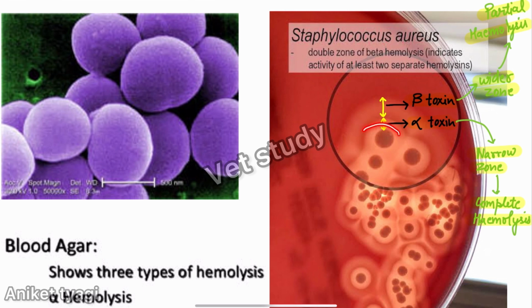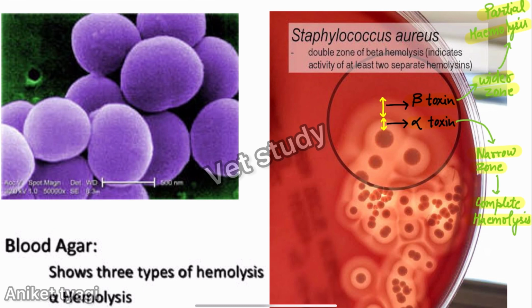Opposite to this, the beta toxin or beta hemolysin produces a wider zone with partial hemolysis. So you can differentiate between these two areas: one is more diffused, while the alpha hemolysin zone shows complete hemolysis.